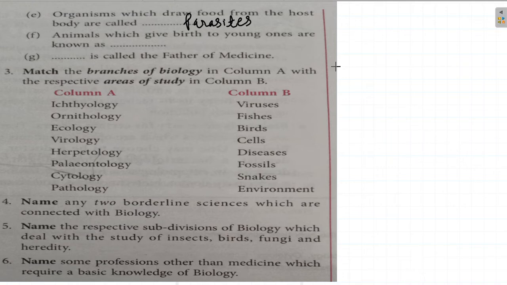Animals which give birth to young ones are called, as I have told, viviparous. Dash is called the father of medicine, Hippocrates.